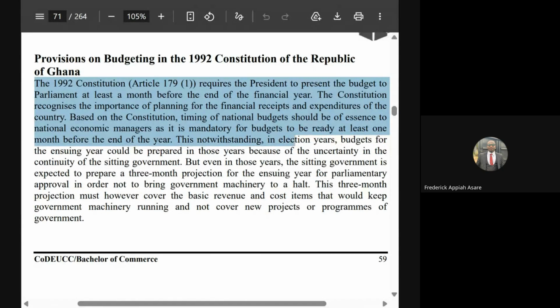Notwithstanding, in election years, budgets for the ensuing year could be prepared in those years because of the uncertainty in the continuity of the government. But even in those years, the sitting government is expected to prepare a 3-month projection for the ensuing year for parliamentary approval, in order not to bring government machinery to a halt.